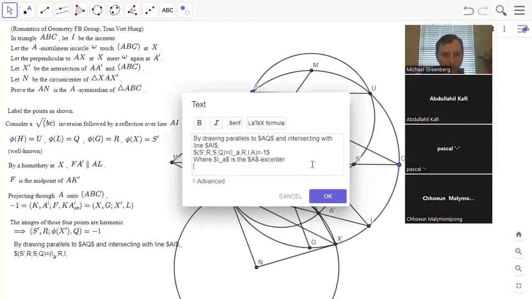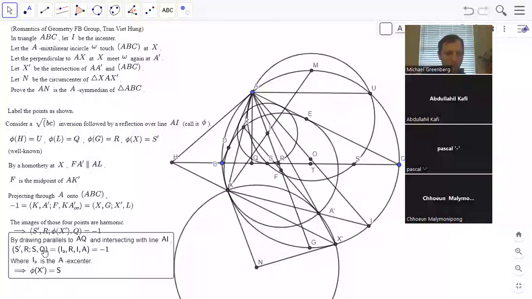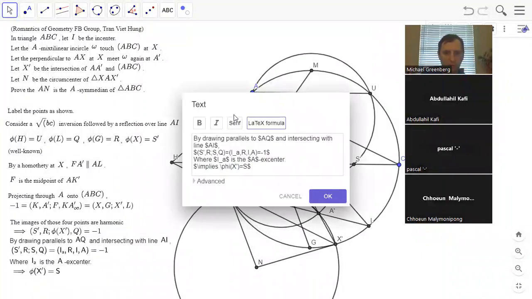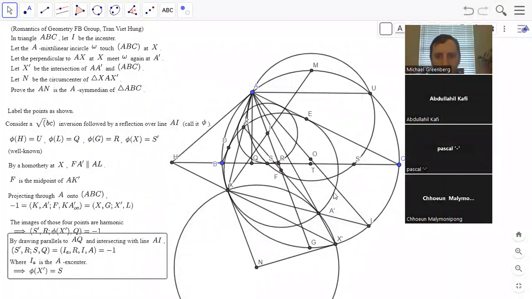And then that means that phi of X prime equals S. That looks a little weird, so I'll fix it.